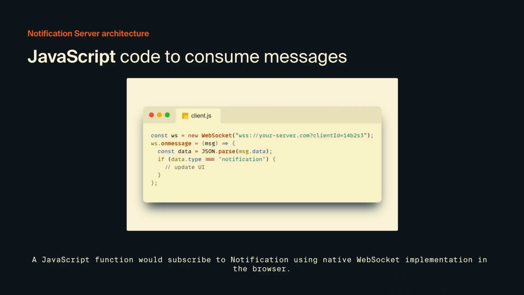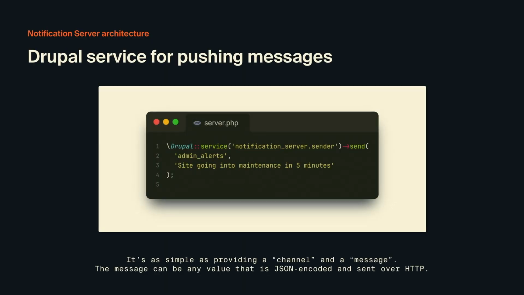That's what I'm using for the demo. Then there is a Drupal service called notification server.sender where you pass in the channel and the notification you want to deliver. This notification can be a string or something that can be JSON encoded and JavaScript can read. So you can send some complex data as well.